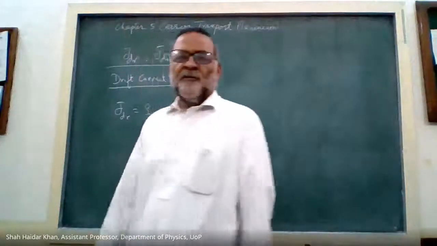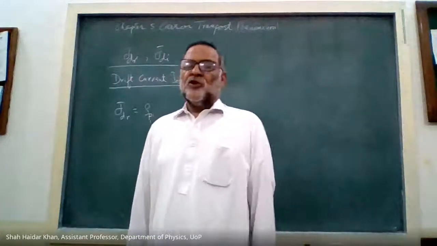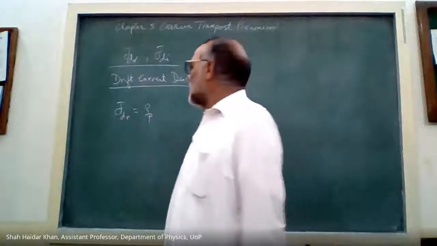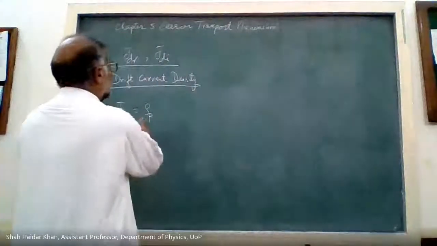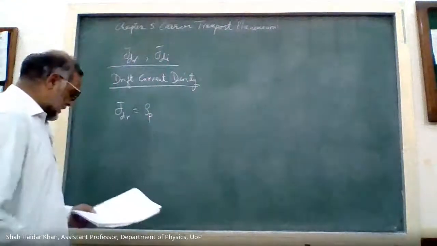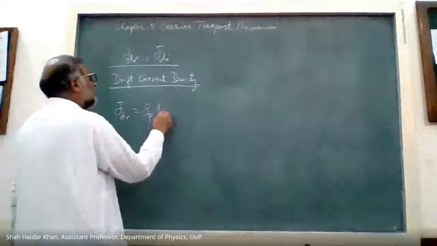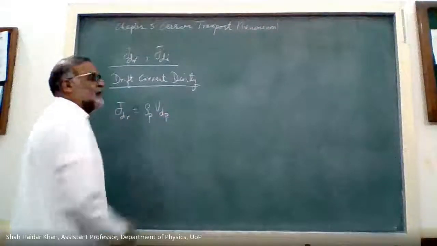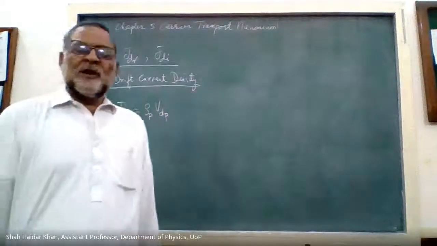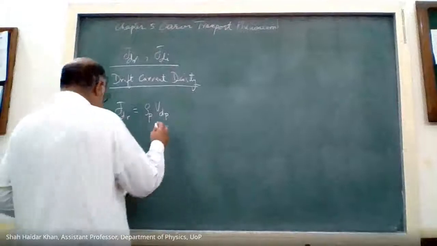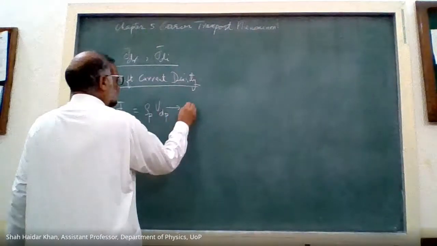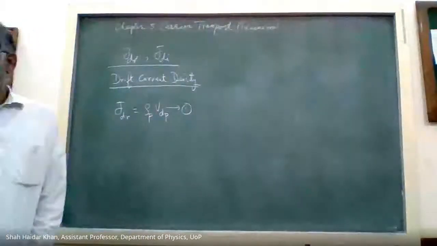So we talk about the current due to holes. Suppose rho_p is the density of holes and v_dp is the drift velocity, right?